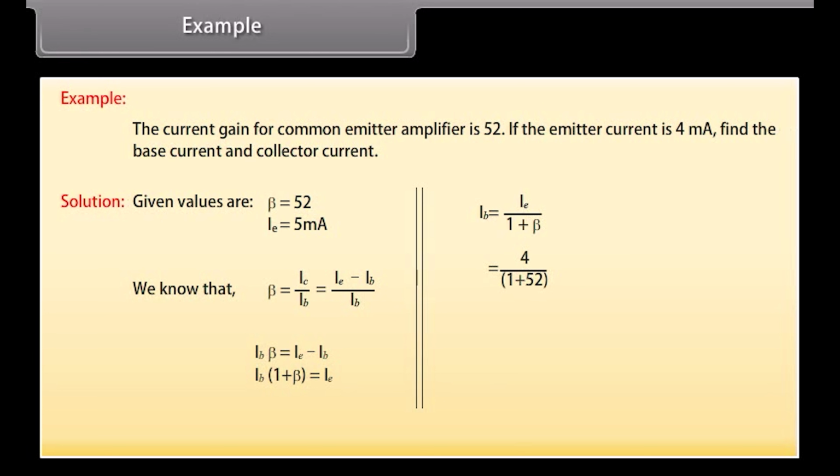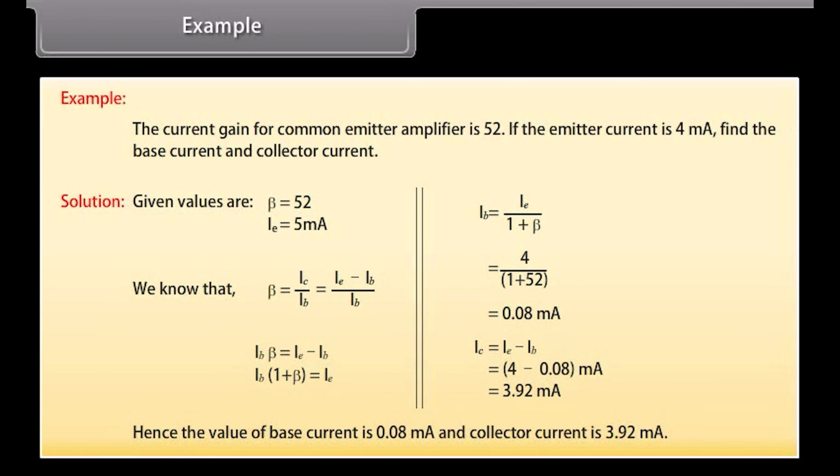Now putting the values in the expression and calculating, we get IB is equal to 0.08 mA. We know that IC is equal to IE minus IB. Now putting the values in the expression and calculating, we get IC is equal to 3.92 mA. Hence the value of base current is 0.08 mA and collector current is 3.92 mA.